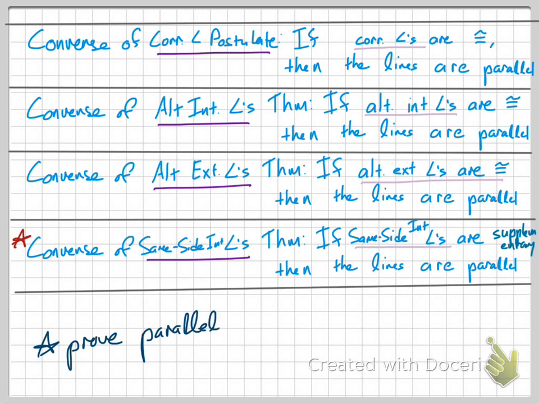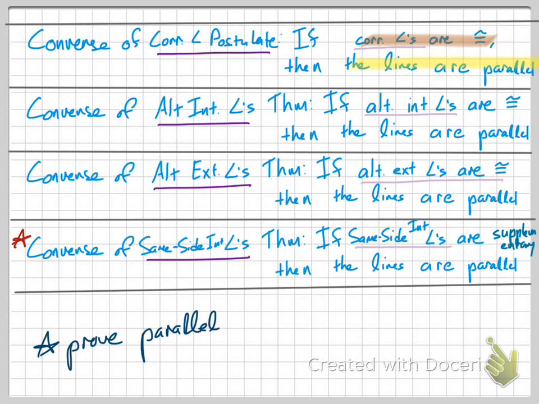So we will start out with the converse of the corresponding angles postulate. That says, if corresponding angles are congruent, then lines are parallel. So we have those same properties showing up here with corresponding angles are congruent, but now we're proving that the lines are parallel.